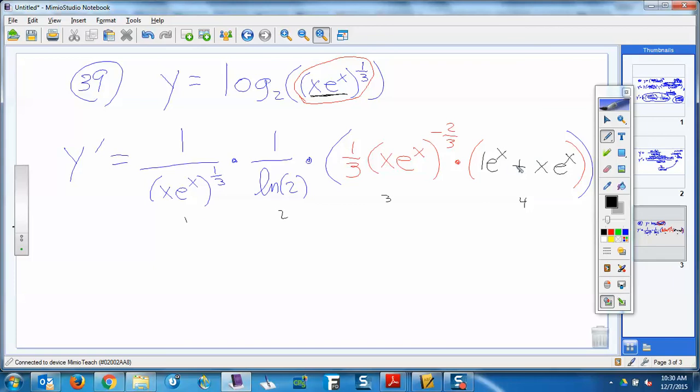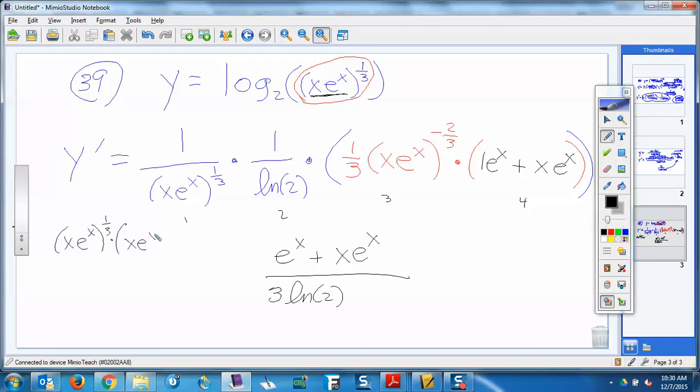So the only thing on top is this one. So I'd end up with an e to the x plus x e to the x on top, right? And the bottom would have a 3, an ln 2, an x e to the x to the 1/3 and an x e to the x to the 2/3.